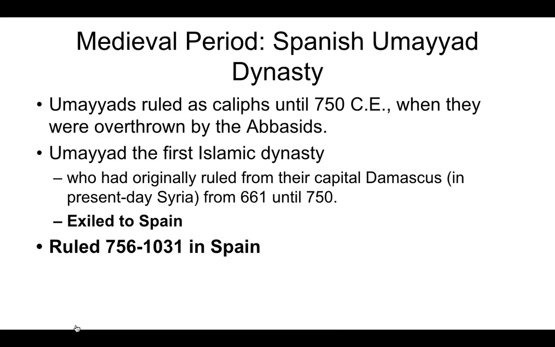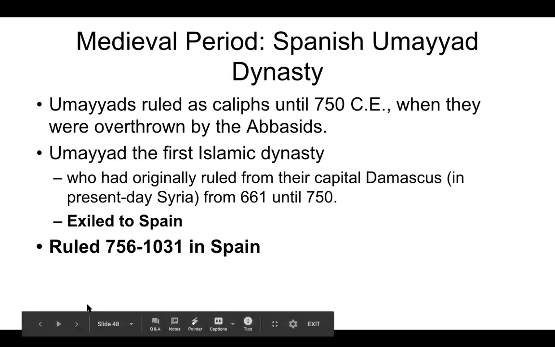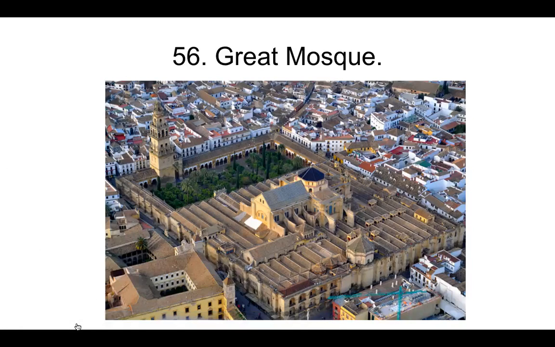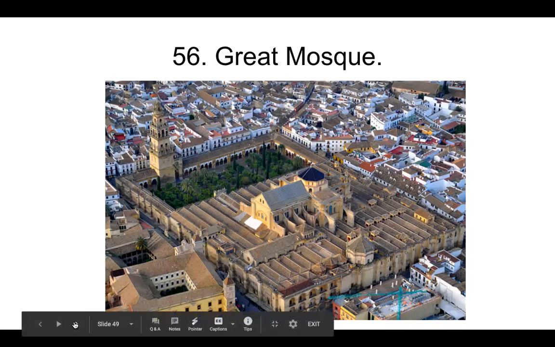They were exiled to Spain, and they actually ruled in Spain from about 756 to about 1031. So the mosque that we have in the hypostyle form is the Great Mosque of Cordoba. We have several mosques called the Great Mosque, so it's really important that you learn the different locations for each of them. This one is in Spain.